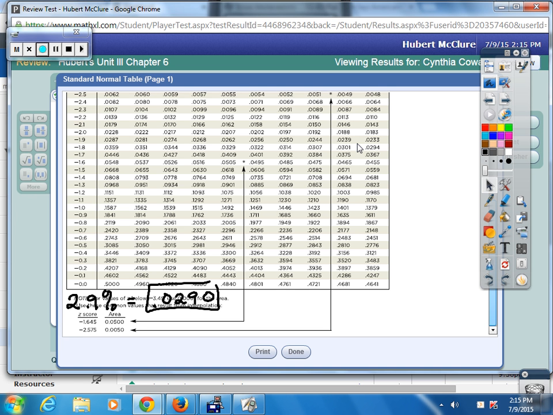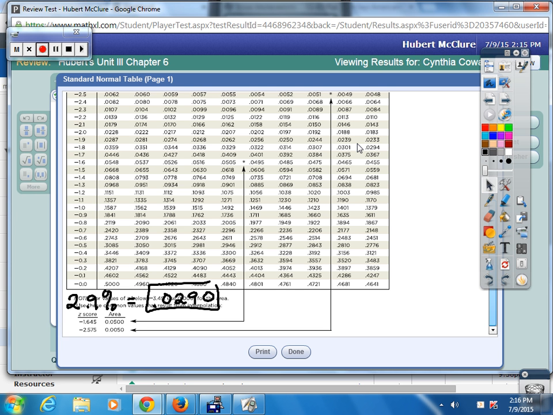And here's 0.0290. Okay. What's closest? 0.0287 or 0.0294? 0.0287. So it's negative 1.90. Is that what y'all got? Did you use a calculator, Miss Joshi? Yeah. Okay. So see, there's your difference.